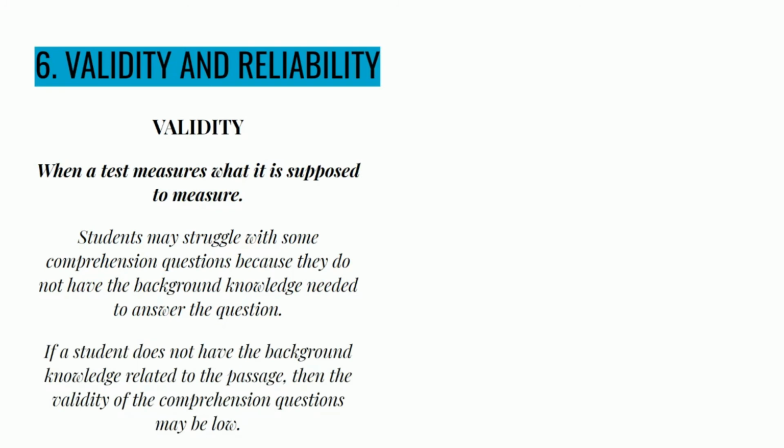If a student does not have the background knowledge related to the passage, then the validity of the comprehension question may be too low, and you might want to throw that out. Or you might want to find a reading passage assessment that contains background knowledge that the student has.